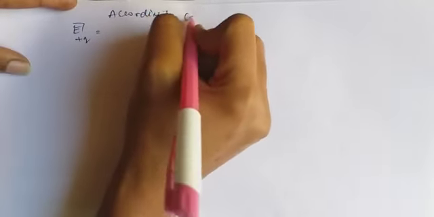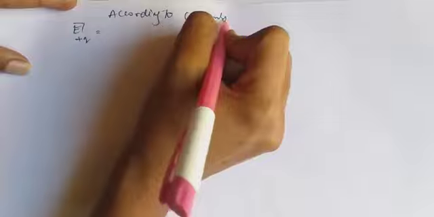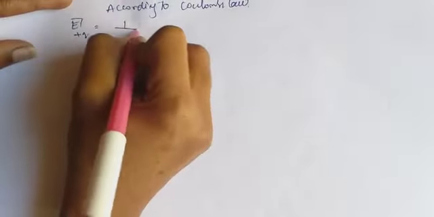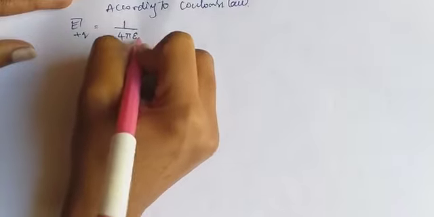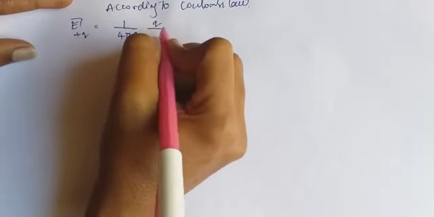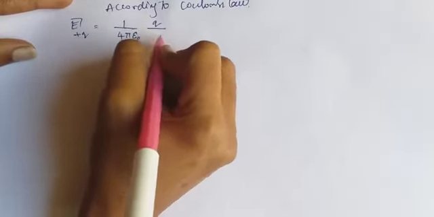So electric field due to plus charge and electric field due to minus charge. So the electric field due to positive charge is equal to, according to Coulomb's law, 1 by 4 pi epsilon naught, the charge is Q. Okay, and here 1 by R square, no?